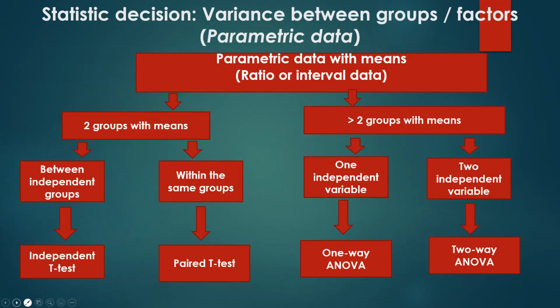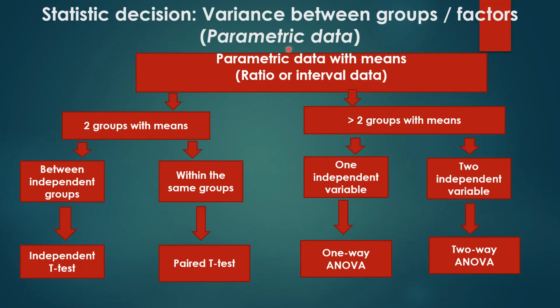We are looking at a statistical decision. Now I want to look at variance between groups or factors, and we are assuming that we have parametric data. For those who have not listened to my previous videos, parametric data are data where we work with means and standard deviations.